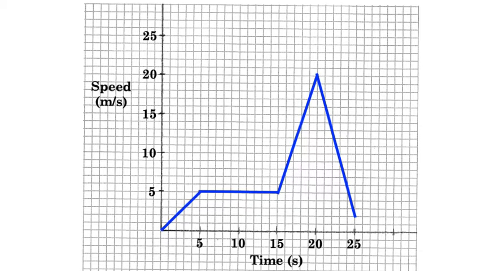This time we're looking at a speed time graph. What we've got here is some good clear lines, and they show a constant change of speed. I know that because the lines are straight lines.